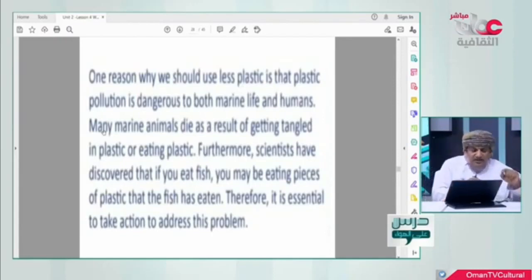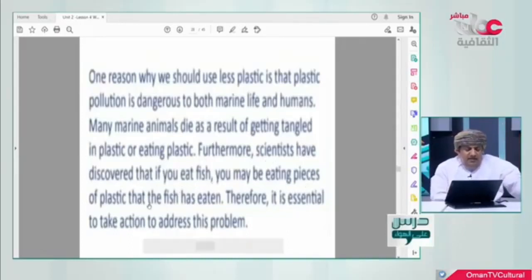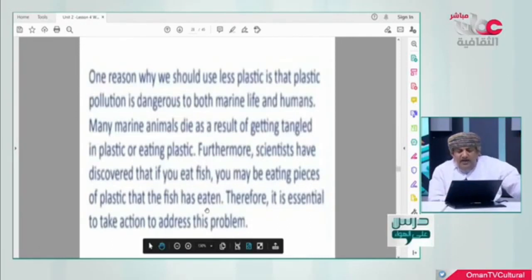So the first supporting sentence: many marine animals die as a result of getting tangled in plastic and or eating plastic. This is the first supporting sentence, explaining the word marine. The second sentence: furthermore, scientists have discovered that if we eat fish, we may be eating pieces of plastic that the fish has eaten.